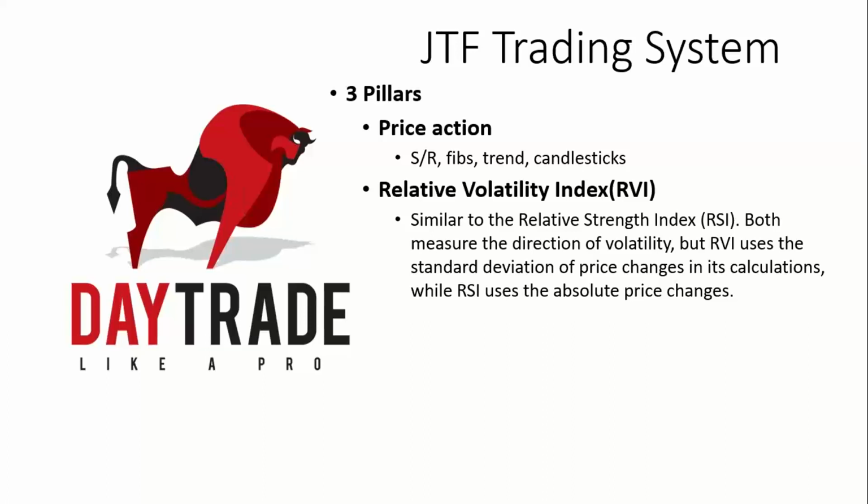The only difference is that RVI is using the standard deviation of price change rather than the absolute price change, which is what the RSI uses. Now, I'm using RVI, using range rules, which we'll get into to a lesser extent, but for the most part, I'm using RVI to identify divergence.